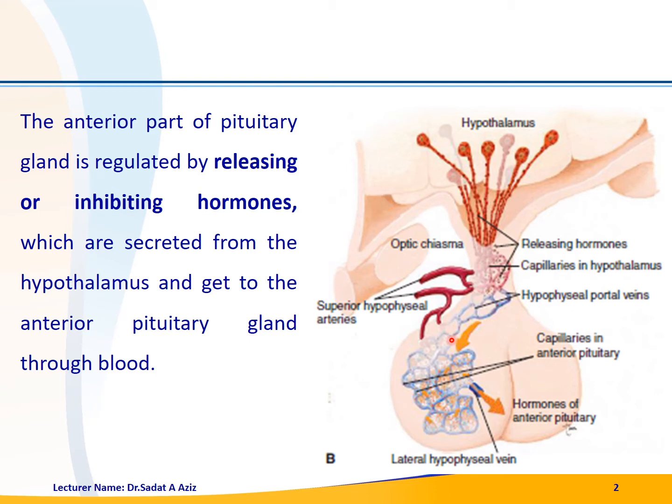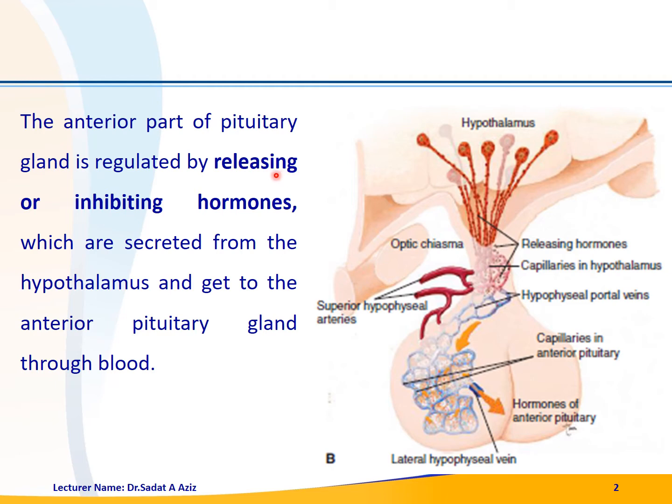So the hormones which are responsible for the controlling of the anterior part of the pituitary gland can get to the anterior part of the pituitary gland through the blood.